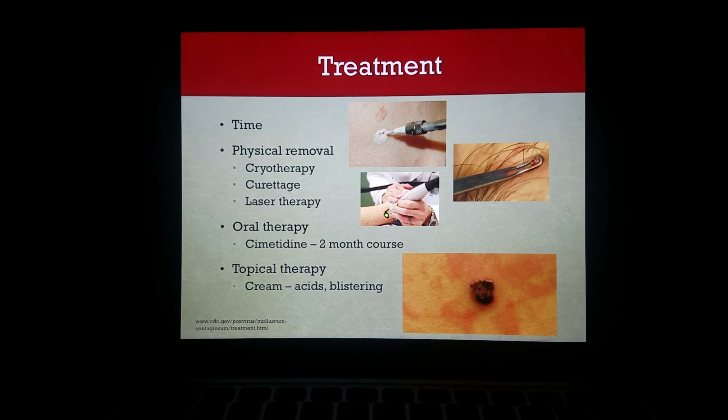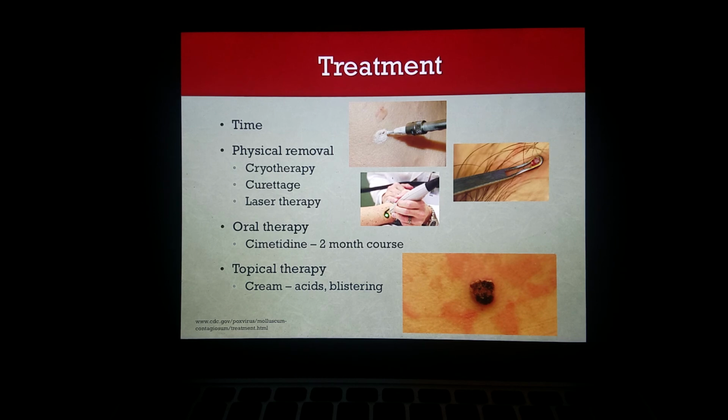So that's a little bit faster than the 6-month average just waiting it out. But in kids where you're worried about burning or cutting stuff off and freaking them out, this is a good option. There are also some creams and liquid topical therapies that are options.